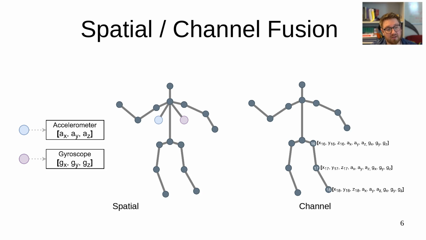We can also incorporate additional nodes depending on their semantic relevance to the nodes that they are attached to. So for instance, when dealing with a smartwatch, we can attach nodes on the corresponding hand. We also propose to fuse additional modalities on channel dimension. That means that we introduce additional node attributes onto the nodes like shown here.